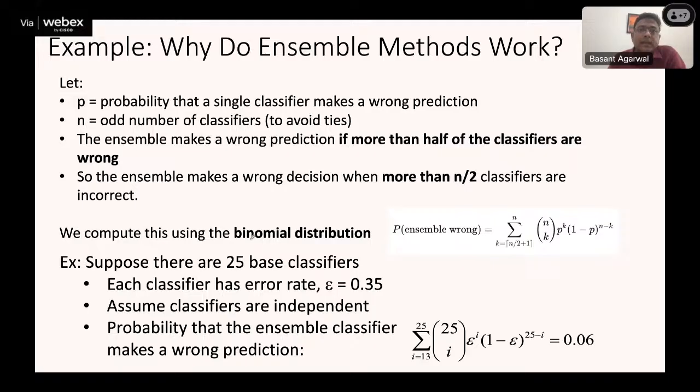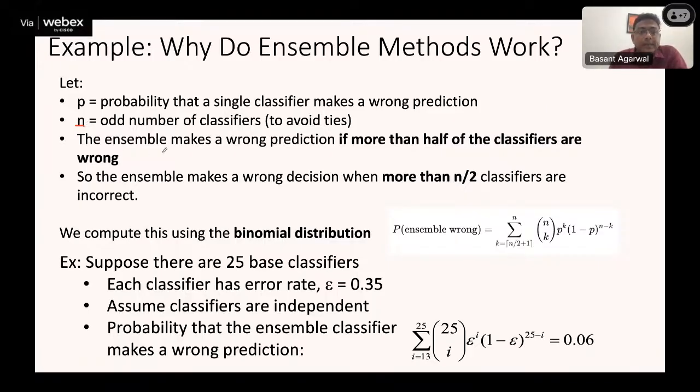Now let's understand why an ensemble technique will work with this example. Let's say epsilon is the probability that a single classifier makes a wrong prediction, and let's say n is the total number of classifiers. Generally we take an odd number of classifiers to avoid ties during the majority voting.